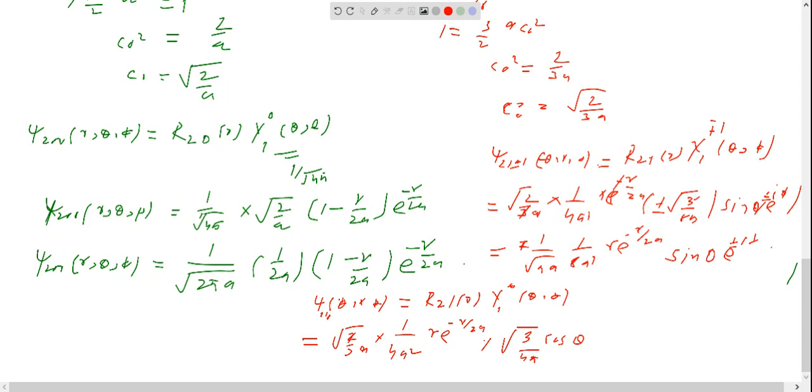So again the value we get is equal to 1 out of under root 2 pi a multiplied by 1 out of 4a square r e to the power minus r by 2a cos theta.